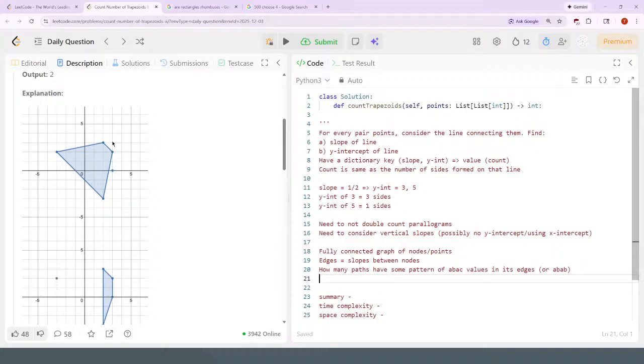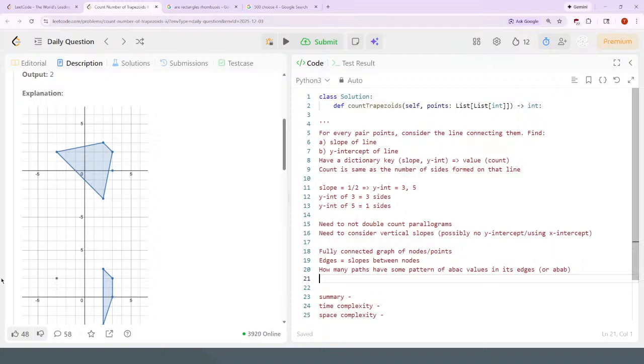How am I doing? A, B, A, B. When I do the neighbor node, I look at that node's neighbors and put those things in the queue. This is going to go through every single possible path.